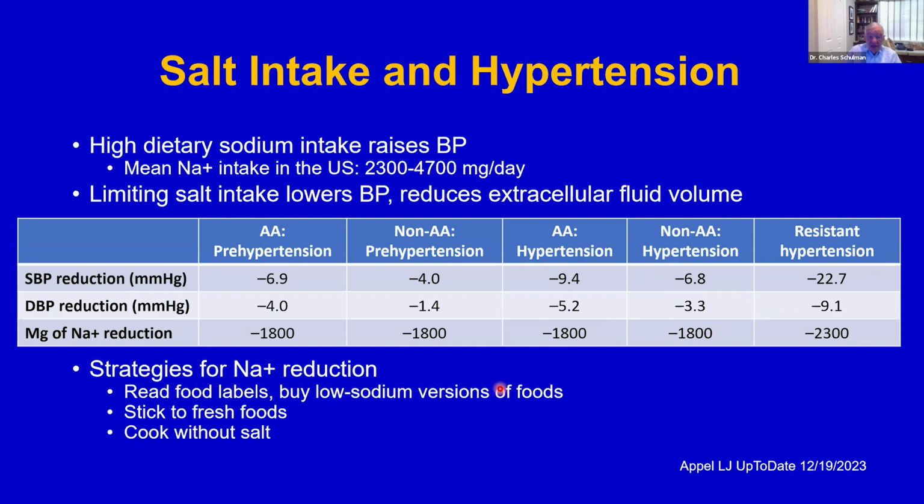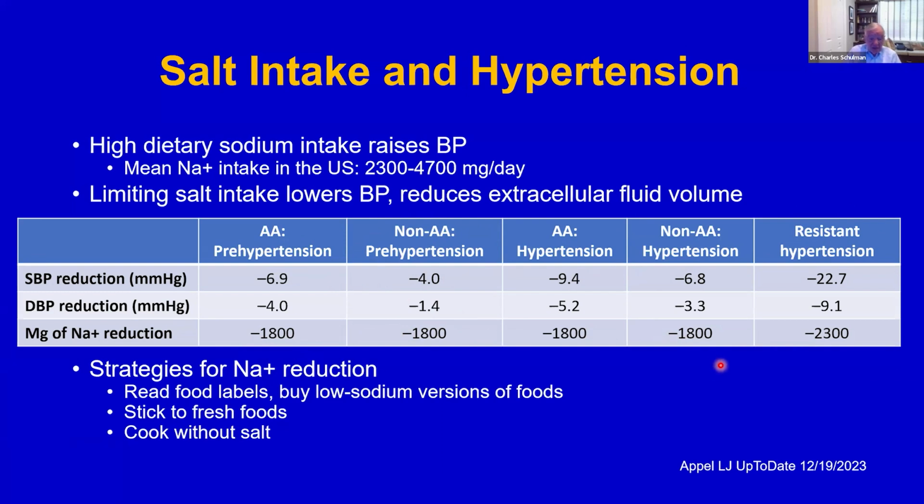It has been shown to reduce blood pressure, depending on whether you have pre-hypertension, hypertension, or resistant hypertension. And in any of these conditions, lowering the sodium content of the diet to 1,800 to 2,300 milligrams per day becomes important.